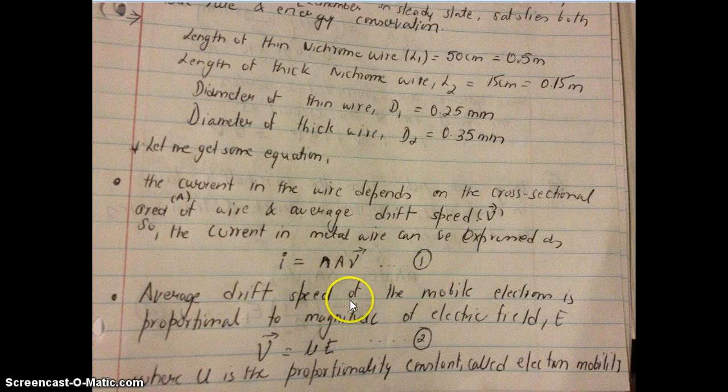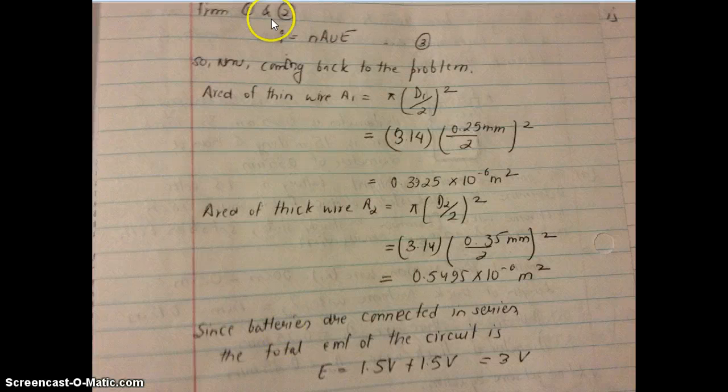The average drift speed of the mobile electron is proportional to the magnitude of the electric field E, and that can be given by v equals uE. This is equation 2, where u is the proportionality constant called electron mobility. Now using equations 1 and 2, we get the relation I equals nAuE, equation number 3.